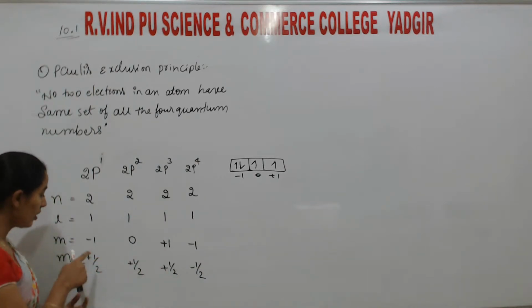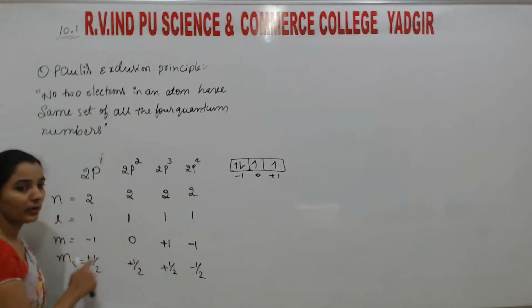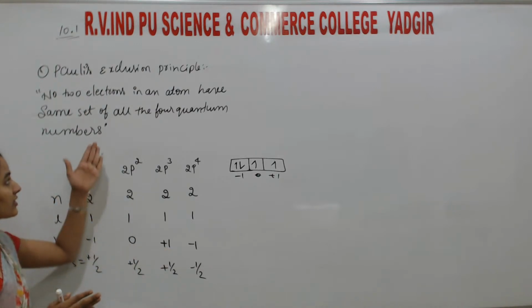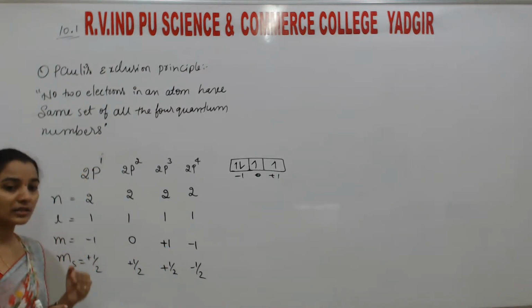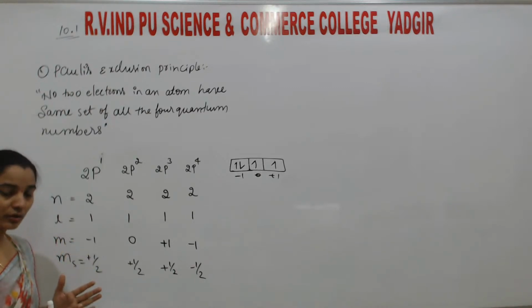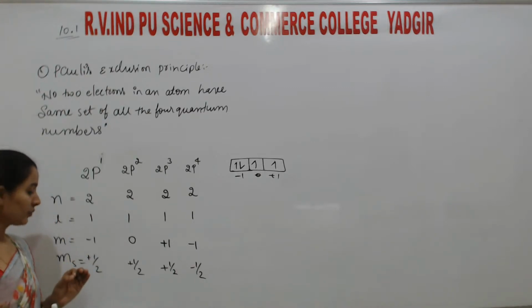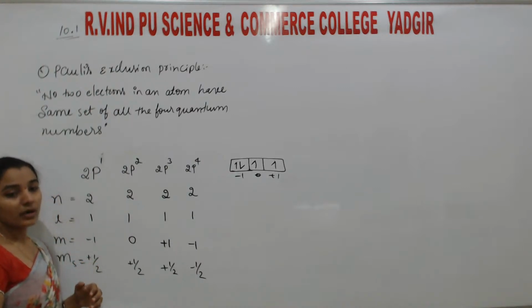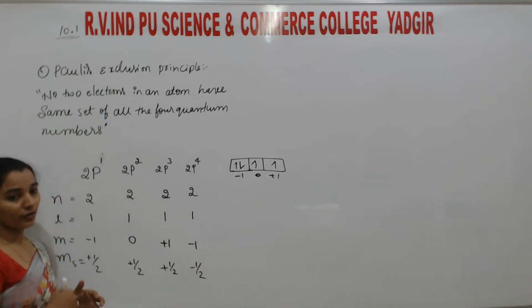But what changes? Only the magnetic quantum number. That is the statement of Pauli's exclusion principle. No two electrons in the same atom can have the same set of quantum numbers.